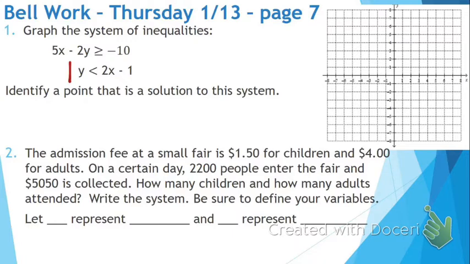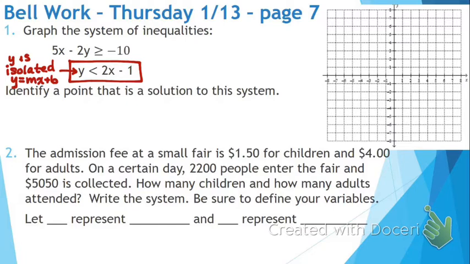I do like that the y is all by itself here, because it reminds me of slope-intercept form, y equals mx plus b. And I know how to graph things pretty easily in y equals mx plus b form.